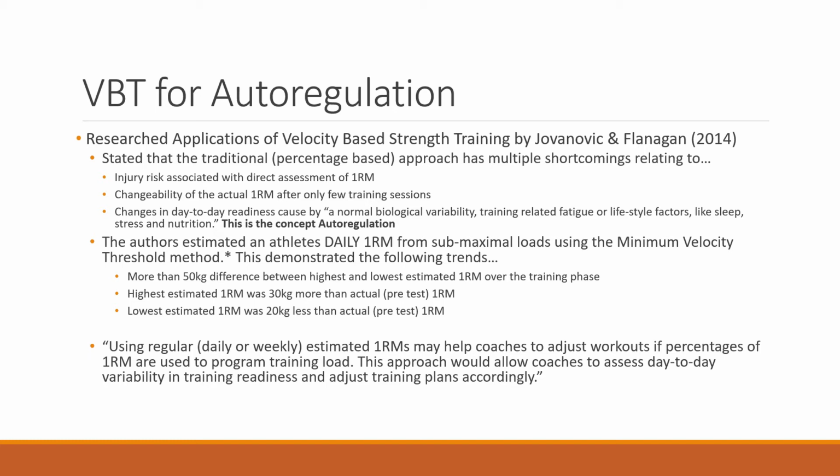Lowest estimated 1RM was 20 kilos less than actual pre-test 1RM. So the authors stated that using regular, daily, or weekly estimated 1RMs may help coaches to adjust workouts if percentages of 1RM are used to program training load. This approach would allow coaches to assess day-to-day variability in training readiness and adjust training plans accordingly.